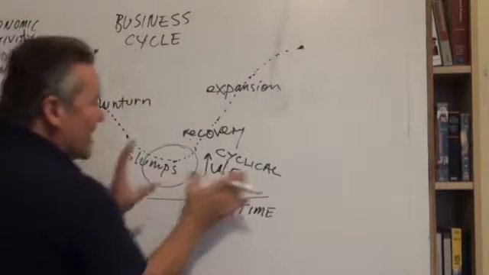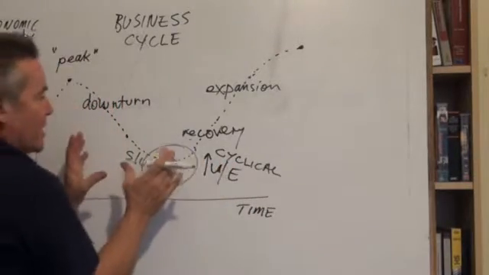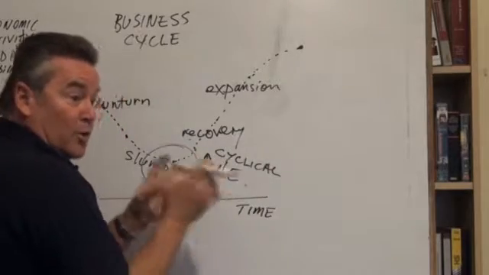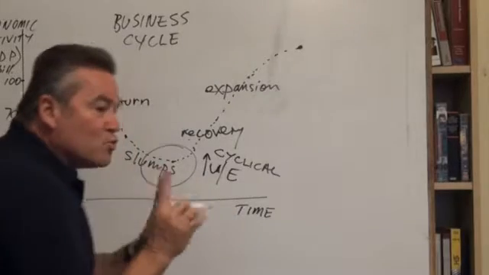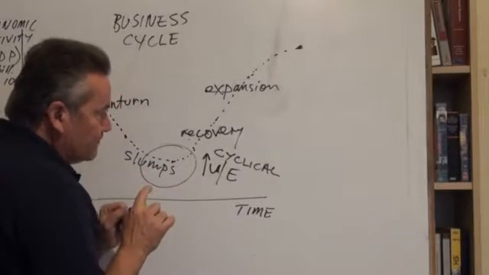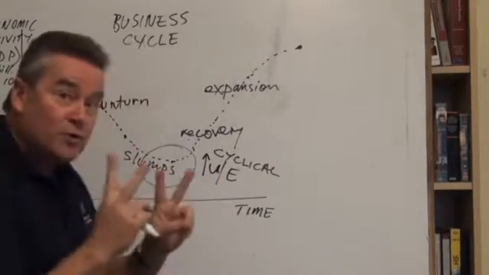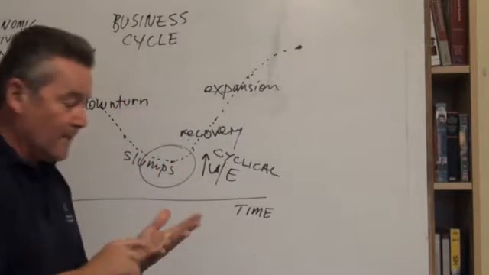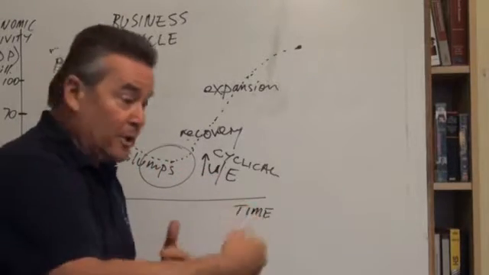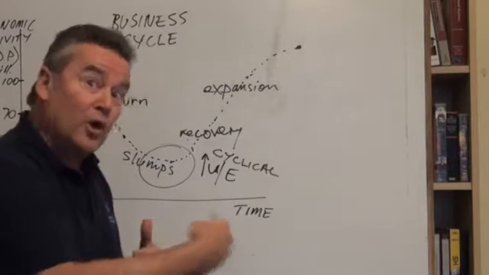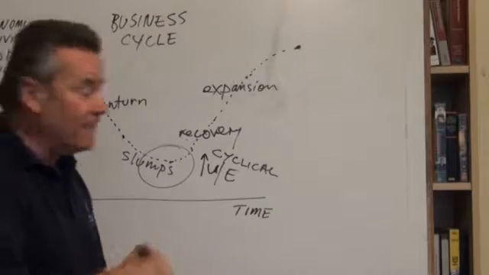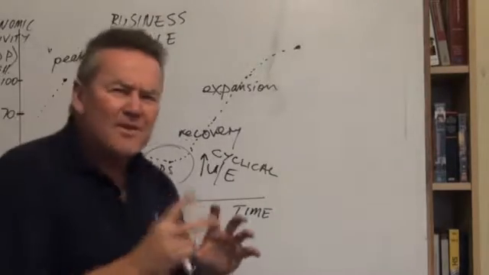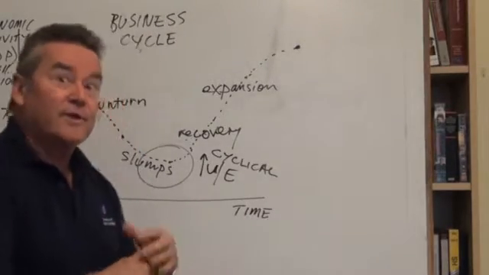So total demand is insufficient to call forth a level of output that requires everyone who wants a job to have a job. Your textbook refers to two other types of unemployment as well. One is frictional. People are in between jobs, having voluntarily quit a job, anticipating that another one will come about. And there's another nasty one which we've seen emerge.